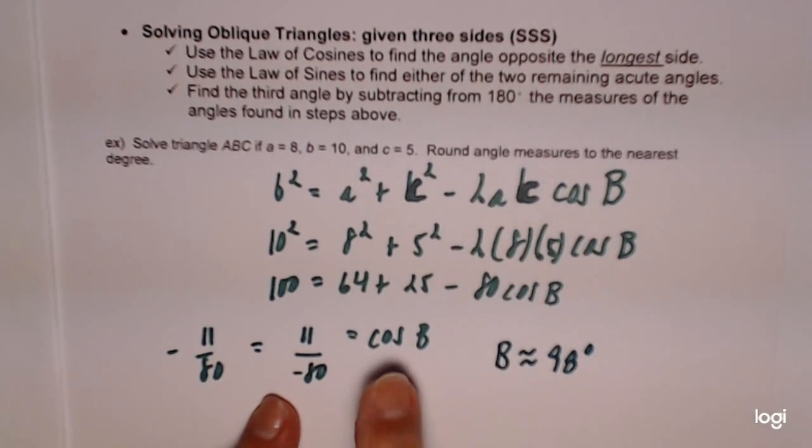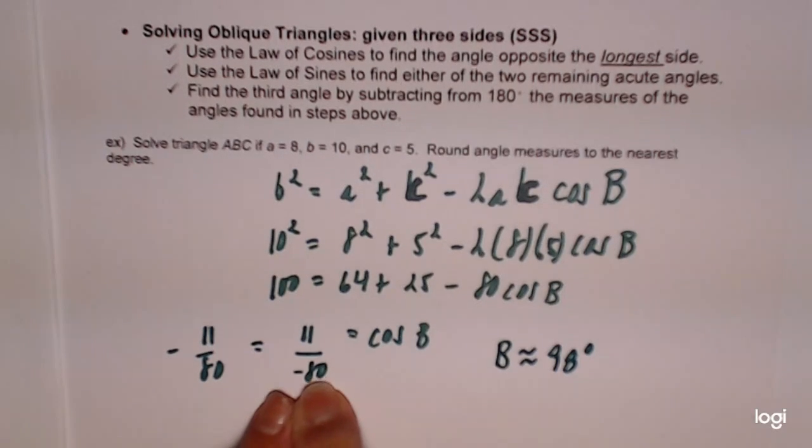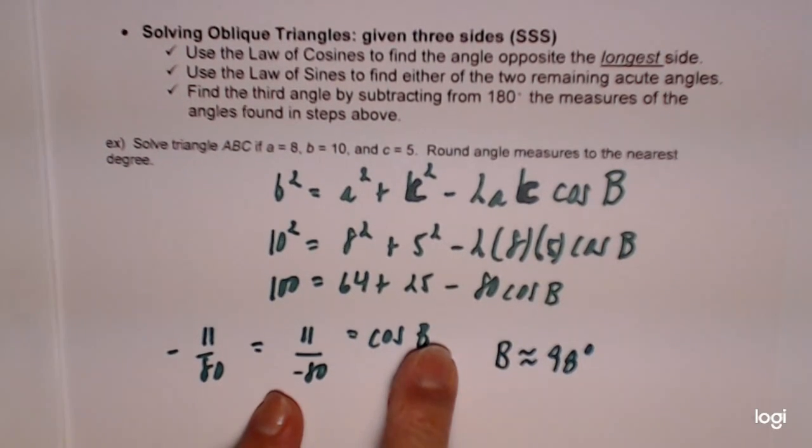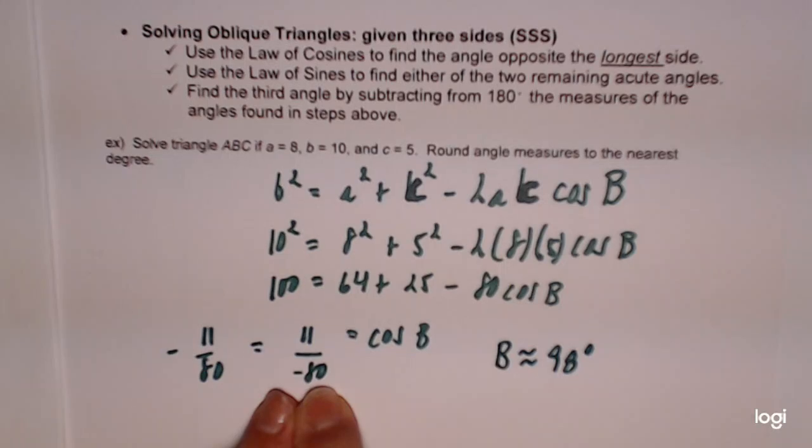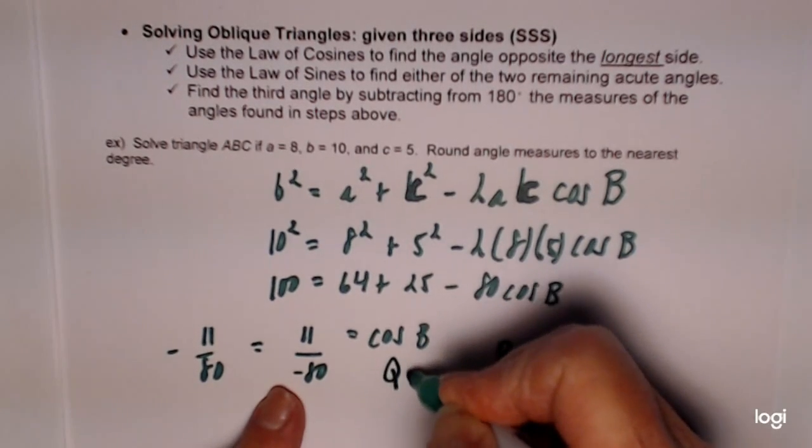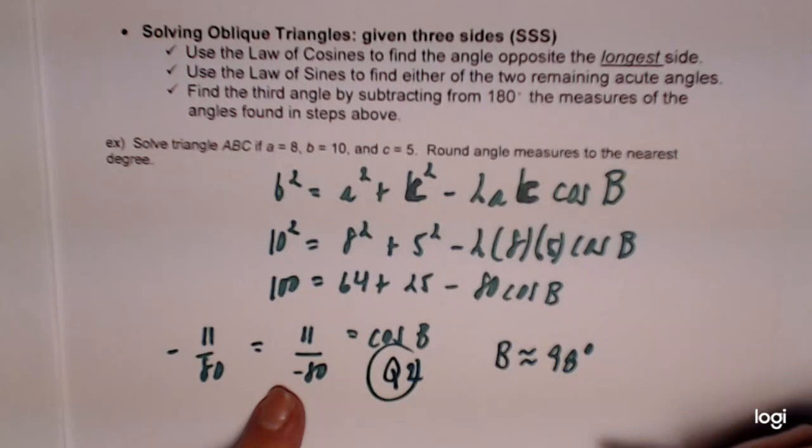Now let's look at this. This is saying the cosine of this angle B is negative. So we know it has to come from Q2 because cosine is positive in Q1 and negative in Q2, and again, the angles from our triangle can only come from Q1 and Q2. So this B is going to be in Q2.